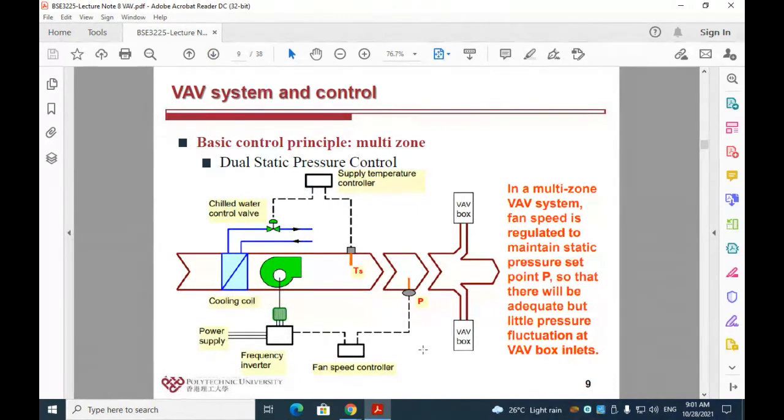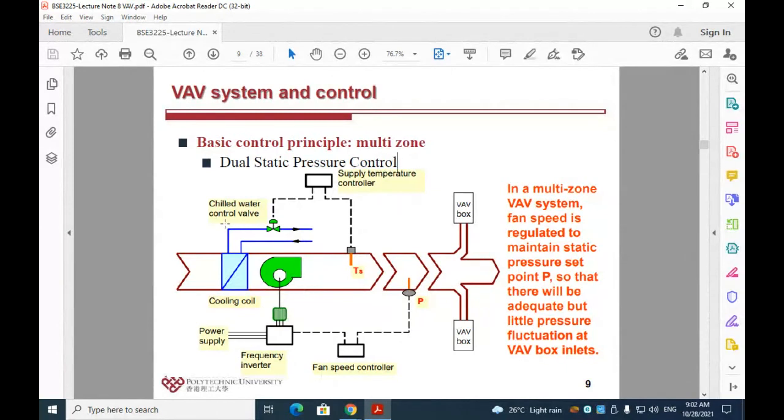Okay, then we will be moving on to the multi-zone basic control system, basic control principle. And this control strategy is called dual static pressure control. So in this multi-zone VAV system, the fan speed is regulated to maintain a static pressure set point. And so there will be adequate but little pressure fluctuation at the VAV box inlet.